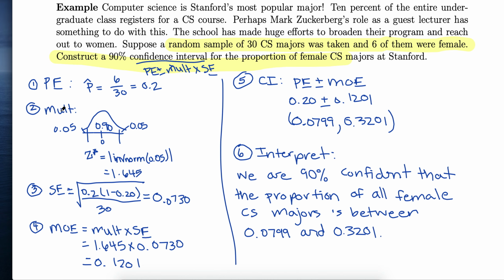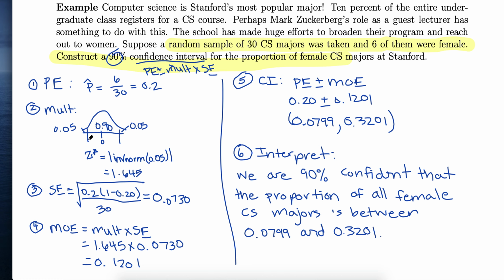So step 2, we've got our multiplier, which gives us our level of confidence. They tell us specifically in the problem that they're interested in 90% confidence. So when we do our calculation for the multiplier, we want 90% in the middle, which leaves 10% left over, or 5% equally on either side.